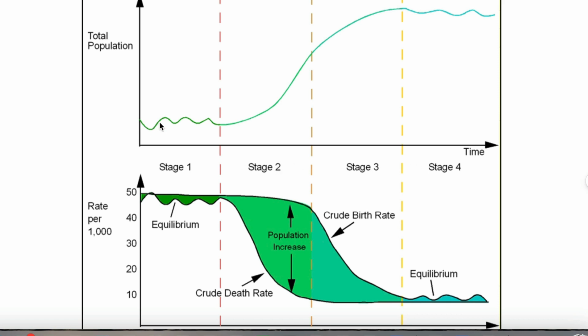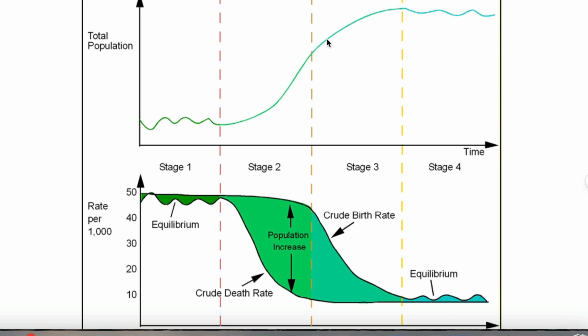So what this shows you is that total population, this y-axis here, is just very low in stage 1. And it's kind of a squiggly line here. It's probably going to be due to things like famine, different types of factors. And then stage 2, you can see there's a kind of an explosive population growth.